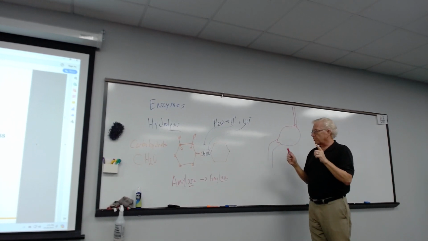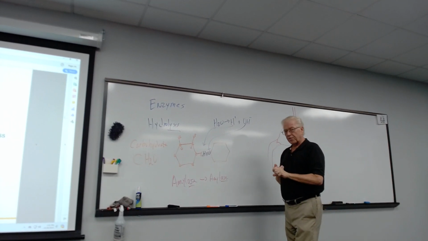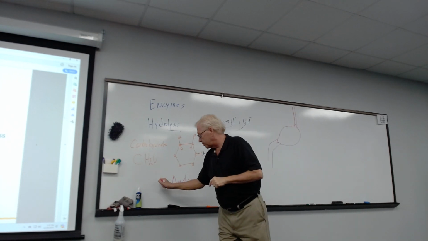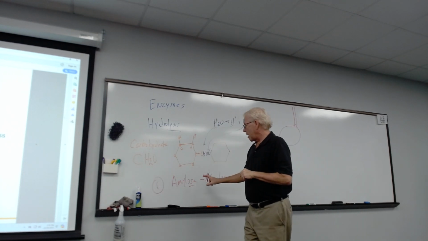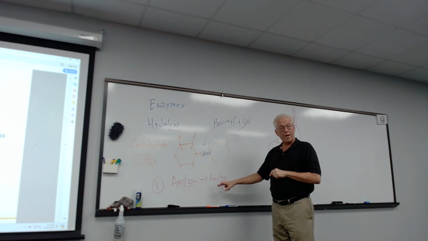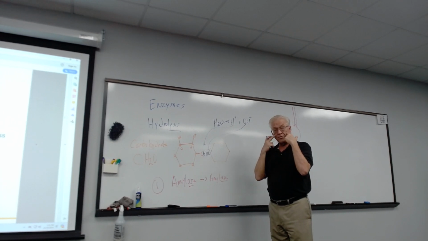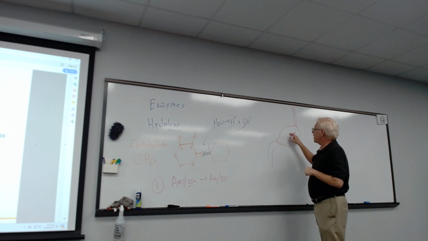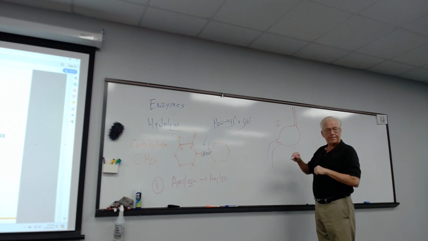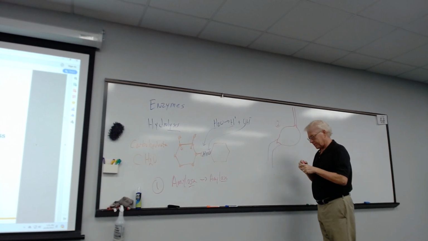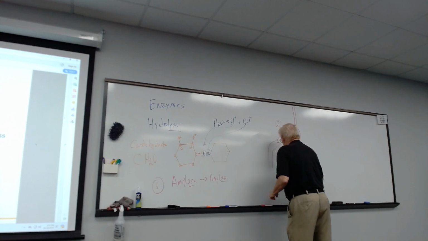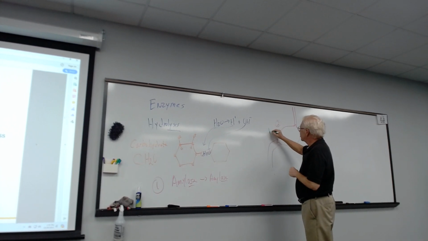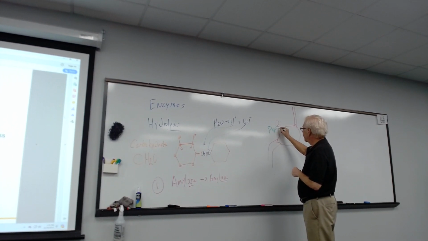The reason I'm saying this is because the first thing we break down are your carbs. Where? In your mouth, thanks to your salivary glands. Okay? What do I break down here? Proteins. Proteins, that's right. You break down proteins using pepsin.